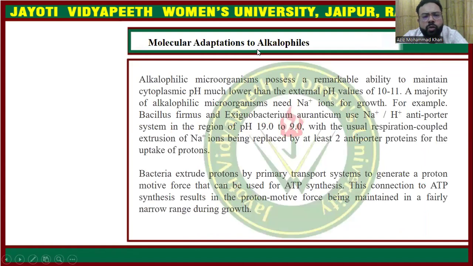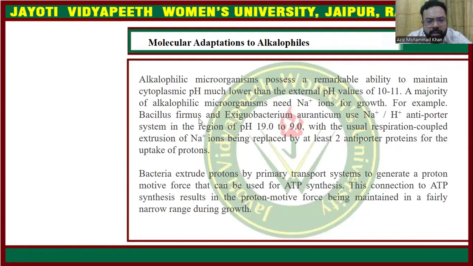There are also some molecular adaptations in the alkalophiles. Alkalophilic organisms possess a remarkable ability to maintain the cytoplasmic pH. The external pH is 10 to 15, but they maintain the internal pH at 8.